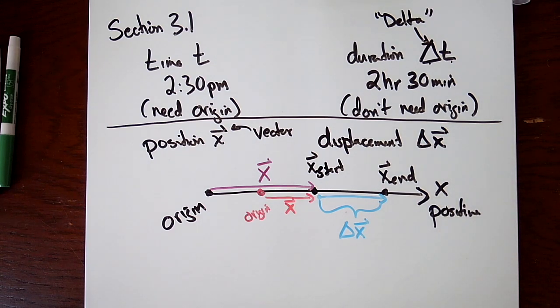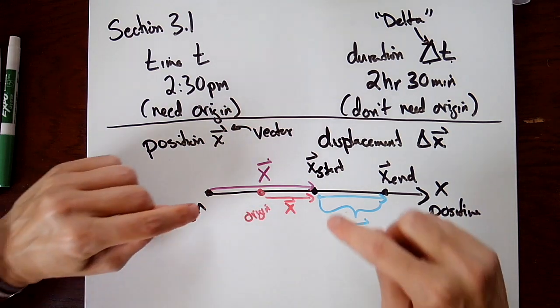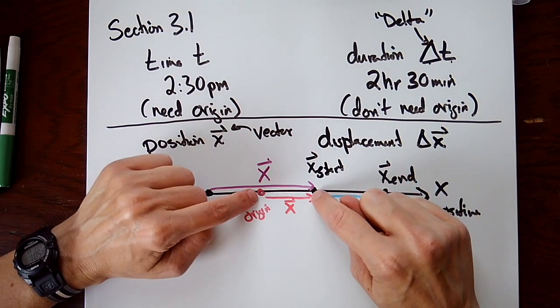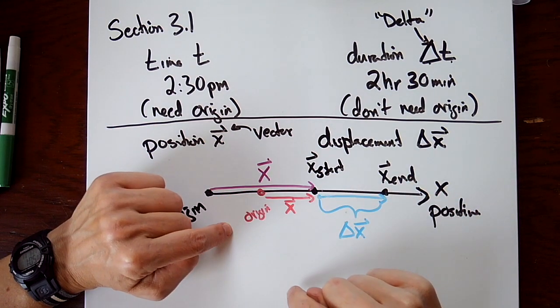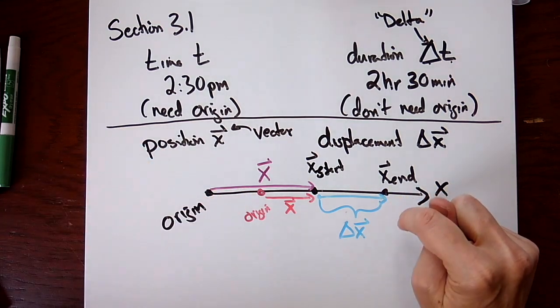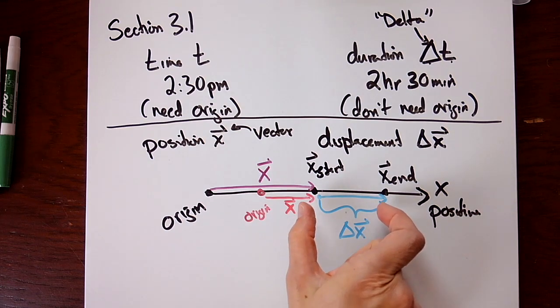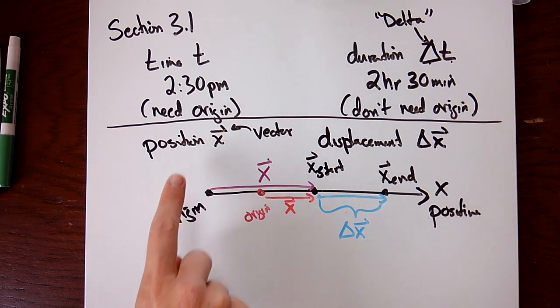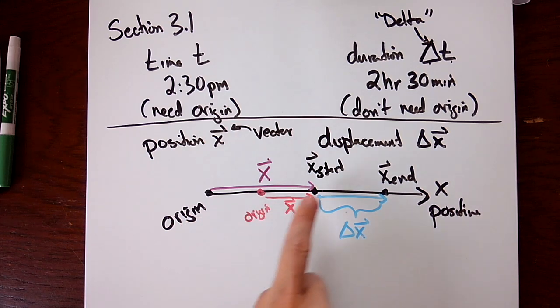And you can see that wouldn't matter whether this or that was our origin. Our starting position is this size if that's our origin. Our starting position is this size if that's our origin. And the ending one is this one or that one, depending on whether you're starting with the black or the red origin. But the displacement is always the same. So that's what I mean when I say position depends on which origin you're using, but displacement doesn't.